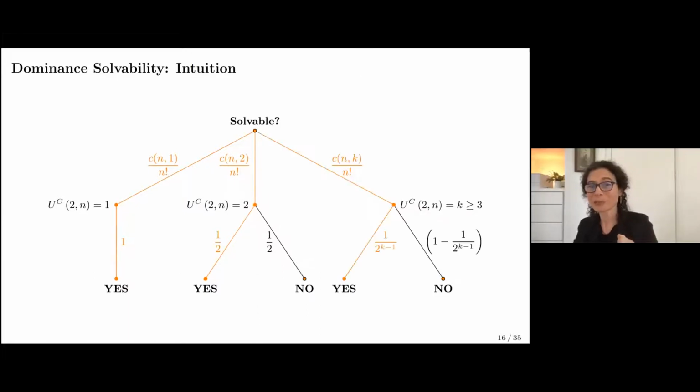And in fact, when column has precisely k remaining actions after the first round, the probability that row will be able to do anything from our calculation is 1 over 2 to the k minus 1. So essentially what we need to do is sum up all of these orange paths that lead to the word yes. And the rest is algebra.